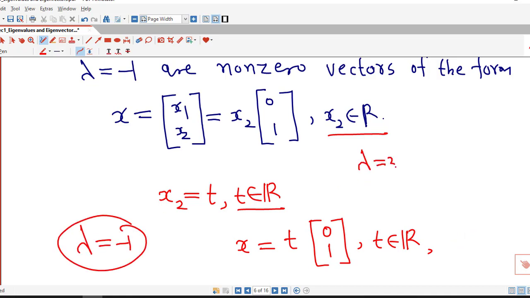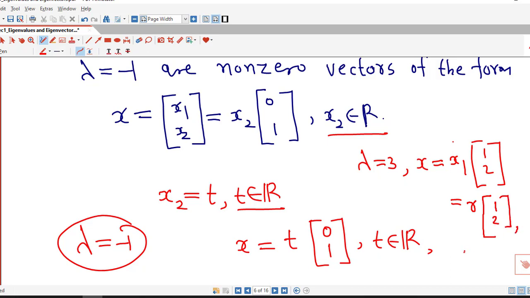Similarly, eigenvectors corresponding to lambda equal to 3 was x1 into (1, 2). So here also we can assume x1 equal to r, where r is any real number, and represent in this way also.